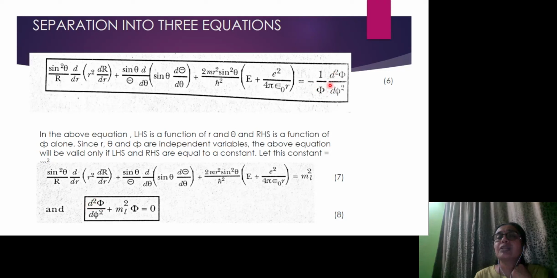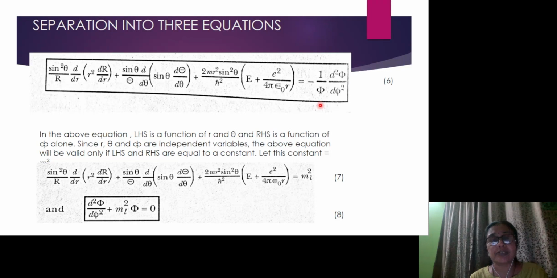So by equating RHS to ml square, we get this particular differential equation. So equations number 7 and 8 are obtained by equating LHS equal to ml square and RHS equal to ml square. What is this ml square? That we will see afterwards.